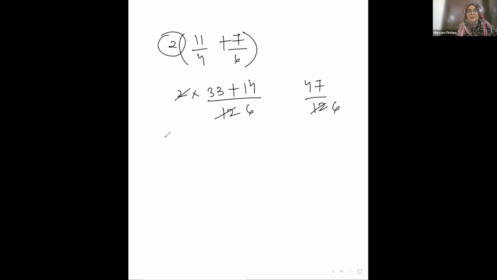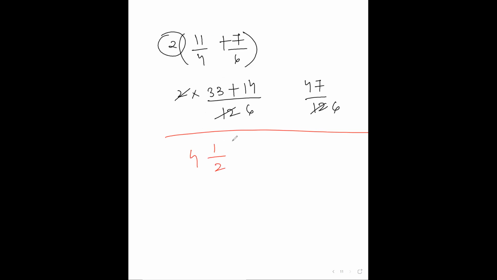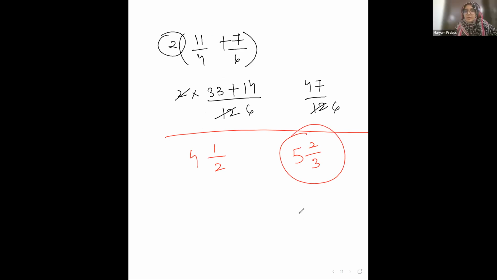Let's say someone ate 4.5 apples. Another person ate 5 and 2/3 of an apple. So who ate more? Obviously, this person ate more because this thing is already a fraction. That means it is less than 1. 1 by 2, 2 by 3.